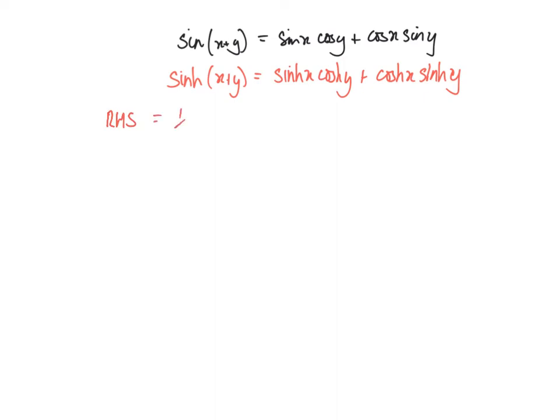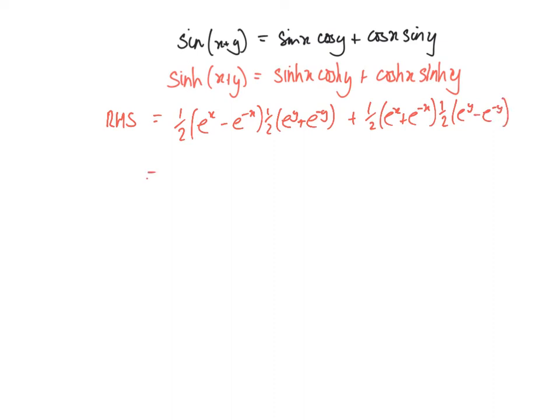Sinh x is equal to a half of e to the power of x minus e to the minus x. Cosh y is a half of e to the power of y plus e to the power of minus y. And again, cosh x is a half of e to the power of x plus e to the minus x. And sinh y is a half of e to the power of y minus e to the minus y.